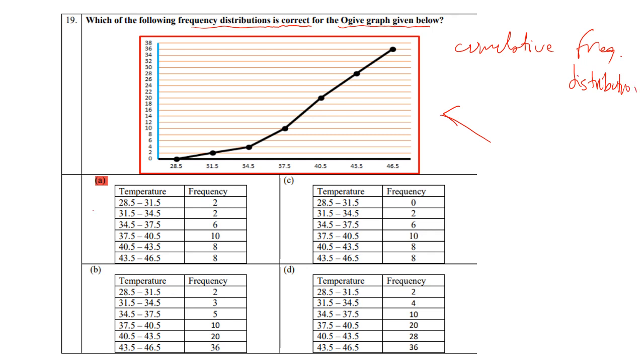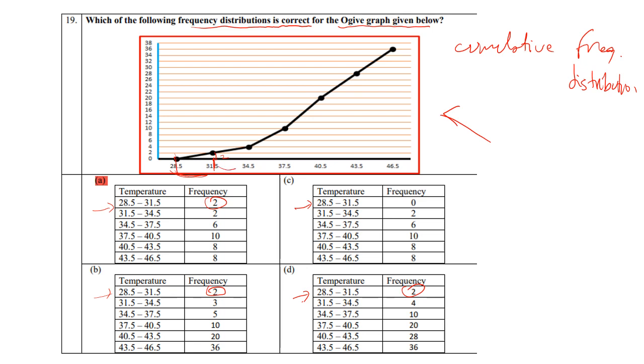Now when we look at them, 28, 31.5, you can understand the first class is starting from here. This is standing for the first class, and each difference in the height gives you the frequency of the class. So the height here is 2, the change is 2, so it will be 2 here, and the 2 is correct. Now we have 3 options.